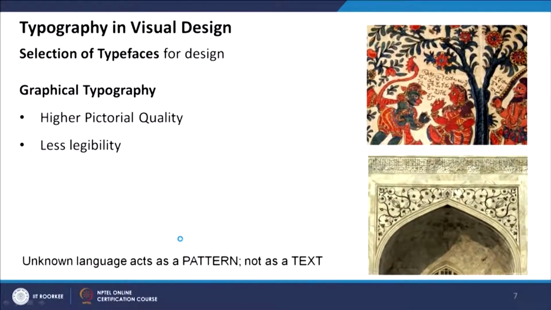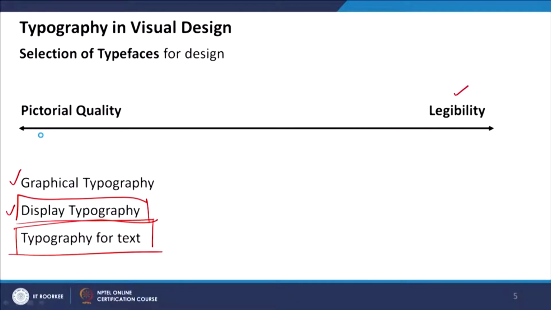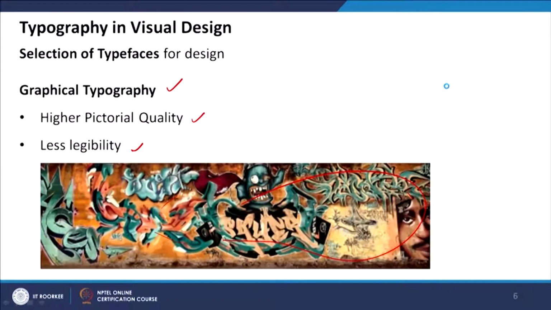And again, another thing is, when you cannot read a particular language, then it becomes just a graphical typography for you. So it has a higher pictorial quality and less legibility. So in the frame, it will come somewhere here towards the pictorial quality, and it will have less legibility.